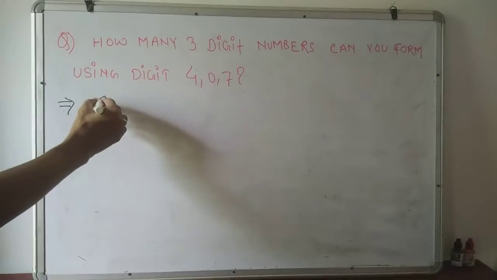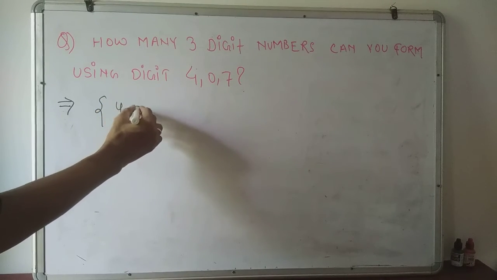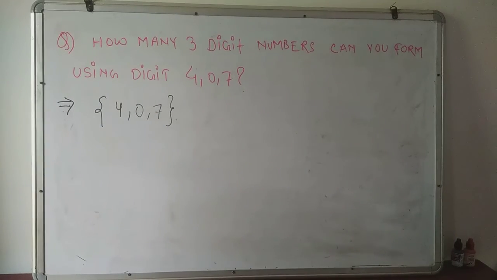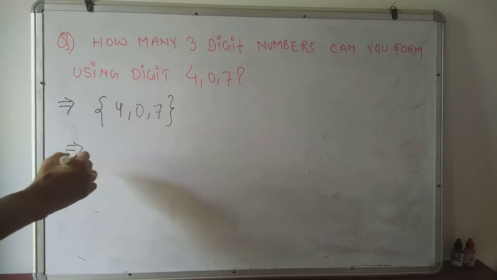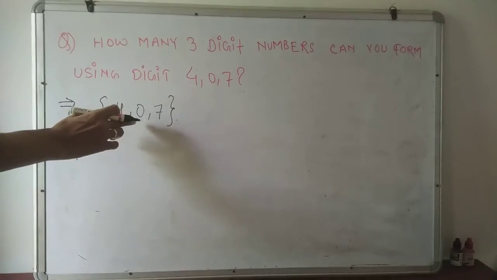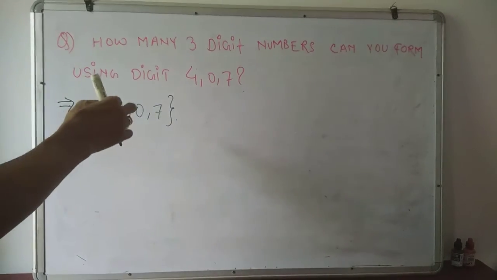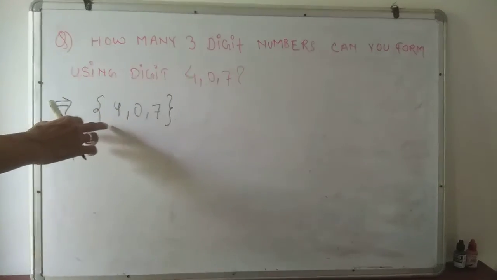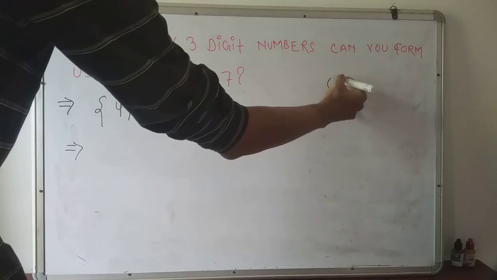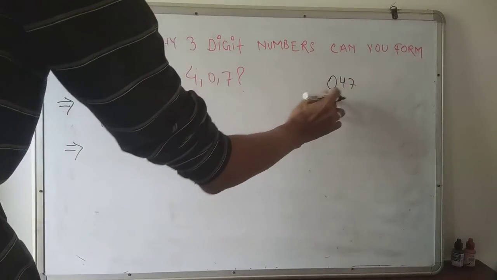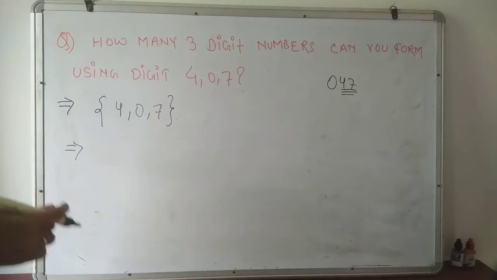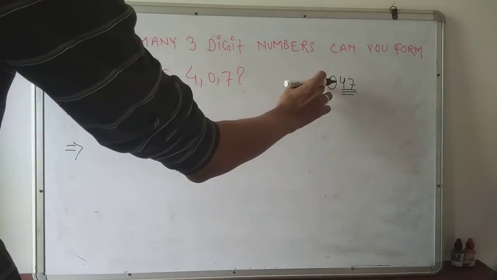First of all, write the digits which are given in the question, that is 4, 0, 7. And now we are going to make the numbers. In a 3-digit number, the smallest digit is 0, but we can't use 0 in front, because if you use 0 first, then the number will be short. That means if you use 0, 4, 7, then it will not be a 3-digit number. It always counts as a 2-digit number. That's why we should not put 0 in front.